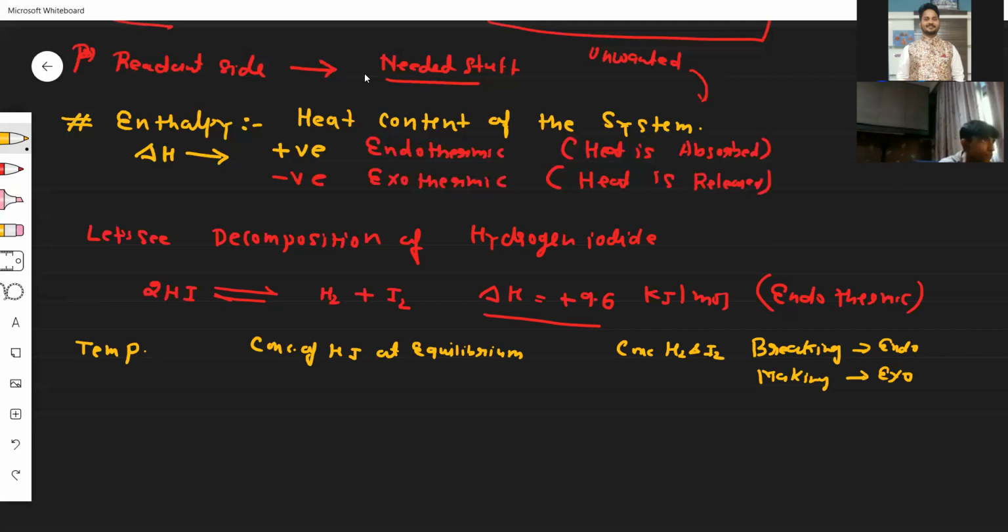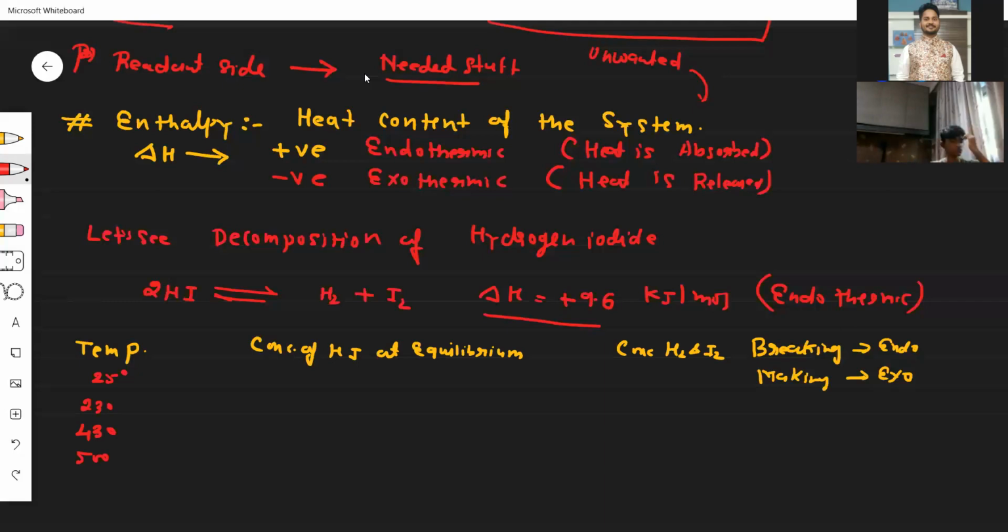I will start from 25 degrees Celsius, room temperature. Then I have 230, and a very high temperature, 430 or 425 will also do, and then approximately 500.